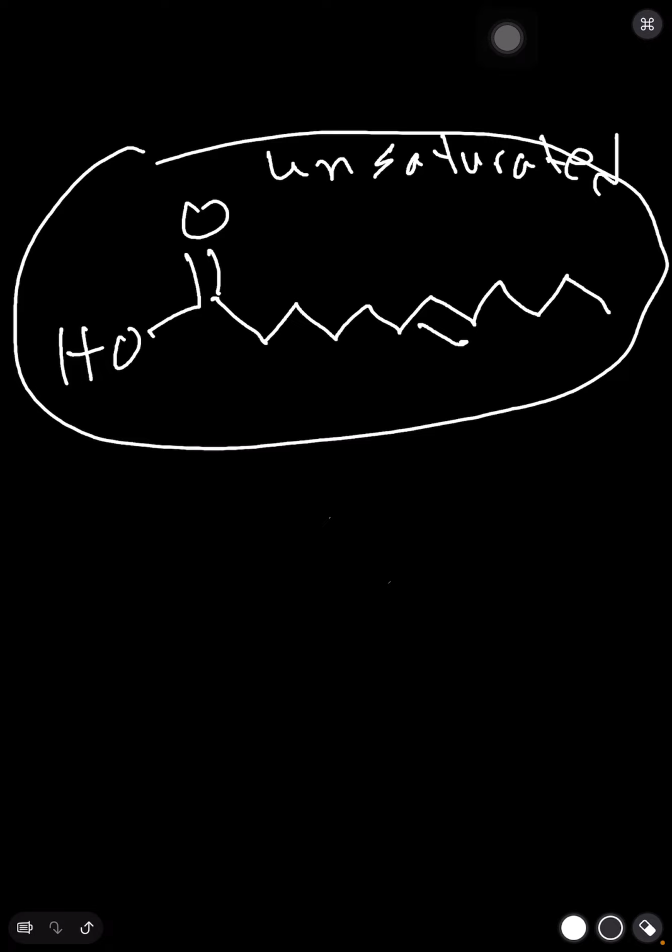All right, in this example, I'm going to introduce a term, and probably several of these terms are ones that you guys have heard of before, especially in talks of health and nutrition. This is what we call a monounsaturated fat because it has 1 degree of unsaturation.